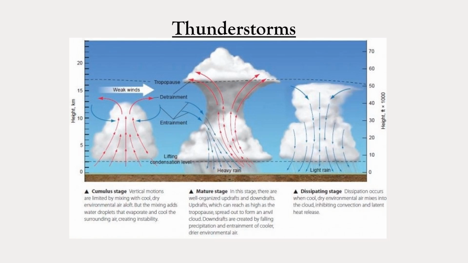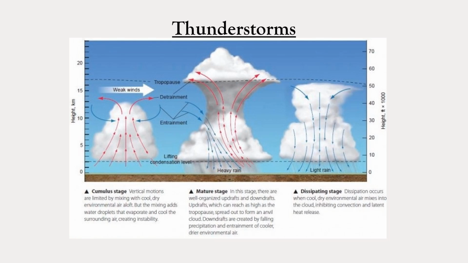The mature stage of a thunderstorm is when the rain's happening. So you get a lot of the water coming out. There may still be strong updrafts and strong downdrafts, both happening in the middle of the cloud and also in the area underneath it.